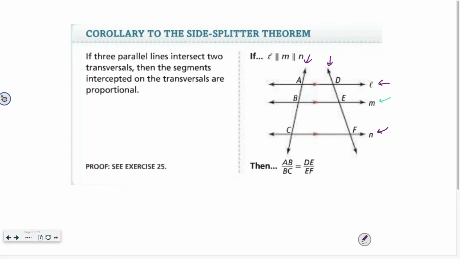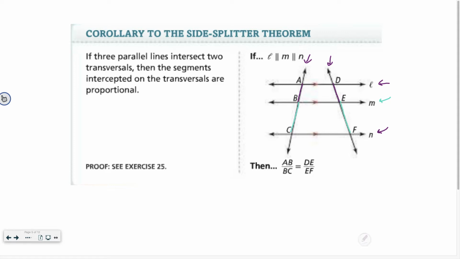And those transversals create some proportional relationships. So I know that AB and BC have to be proportional to the same relationship of DE and EF.